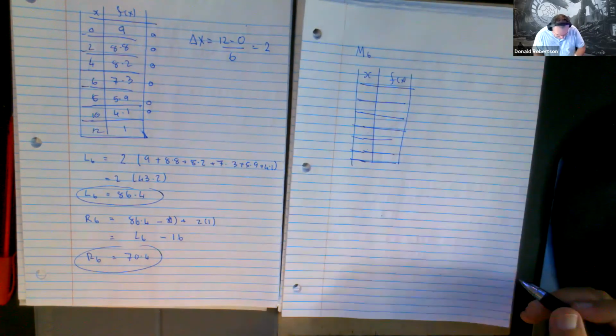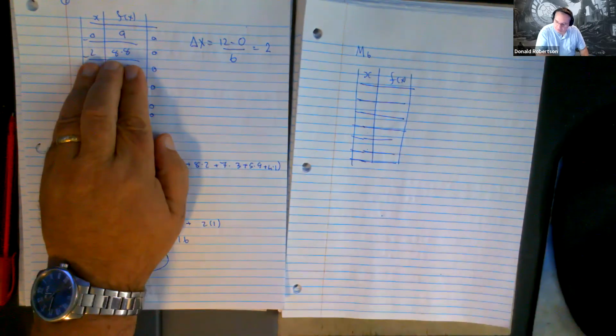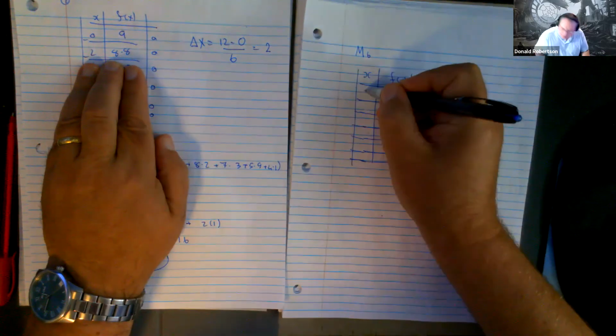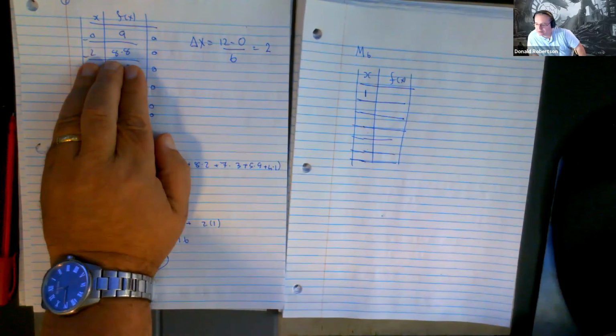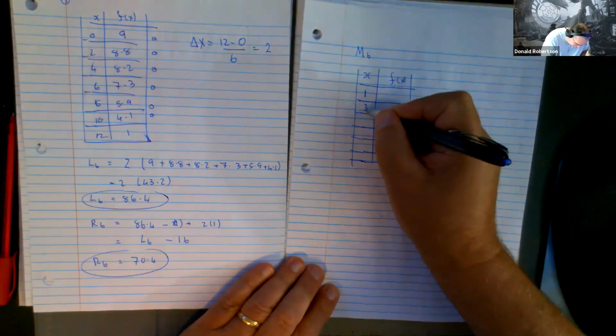Will be a little bit different. Well, if you look at the first interval, it starts at 0 and it finishes at 2. Are you happy the midpoint would be 1 here? Right, 0 to 2. And then after that, it just goes up in 2s.